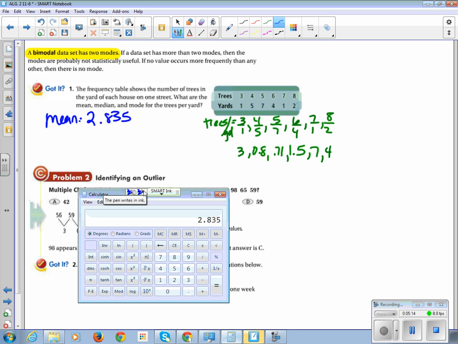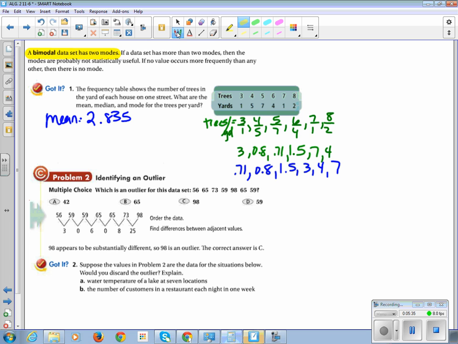The median is going to be the average between the two middle numbers because I've got 6 data points. So I'm going to order them from least to greatest. And then the 2 in the middle, I'm going to find the mean of those two numbers.